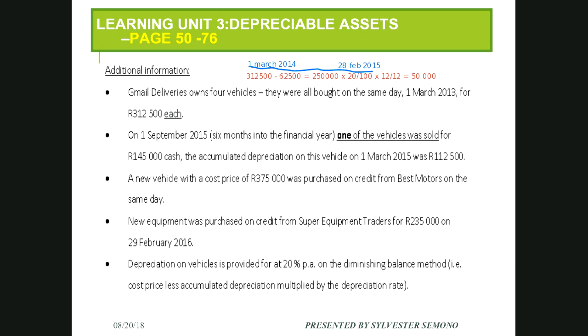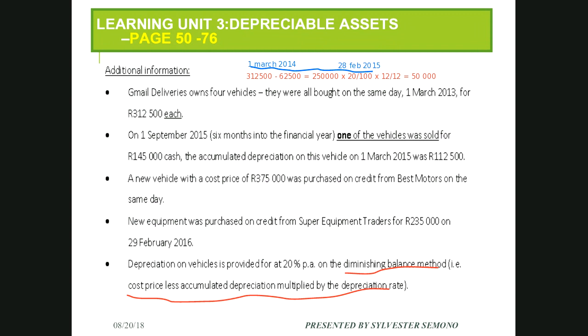Okay, so remember the first one, we just put the amount that is given to us. Yeah. So if we were using straight line method, I will agree with you. Here they said we need to use what? And then they even gave you a hint here. Can you see now? Accumulated depreciation multiplied by the depreciation rate. No, cost price less, is what we did here.